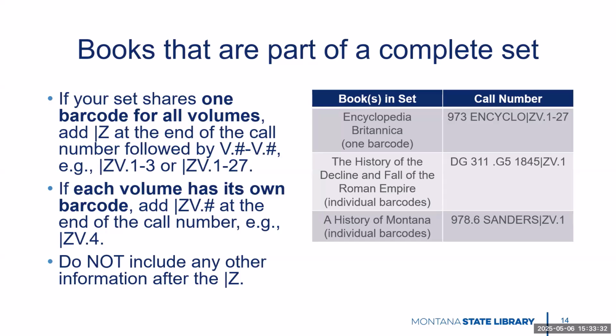Do not include any other information after the bar Z. The bar Z lets the system know this is basically a subfield of the call number, and we want to make sure that those are uniform across the system so that if anyone goes to place a hold on those items, in their dropdown they'll only see these approved ways of labeling the analytic.